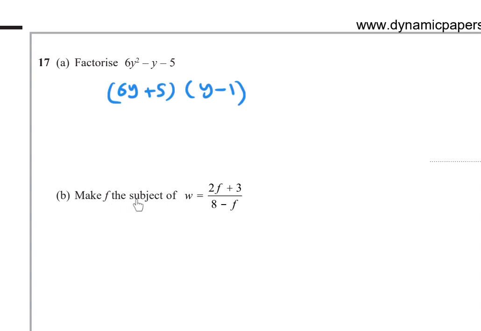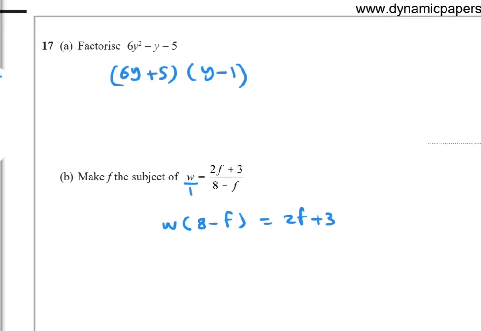B, make f the subject of w equals 2f plus 3 over 8 minus f. Cross multiply, so it's w over 1. So w times 8 minus f equals 2f plus 3. Expand: w times 8, 8w. W times f, wf, equals 2f plus 3.